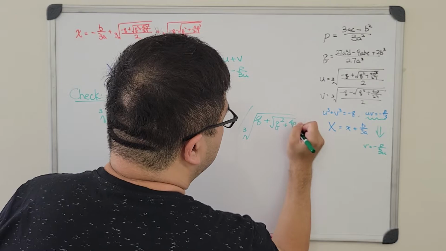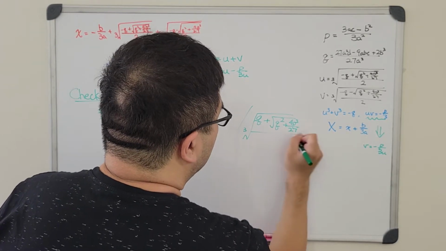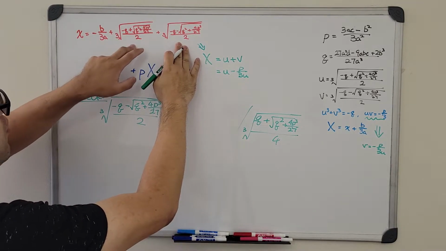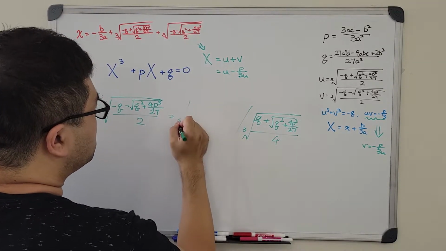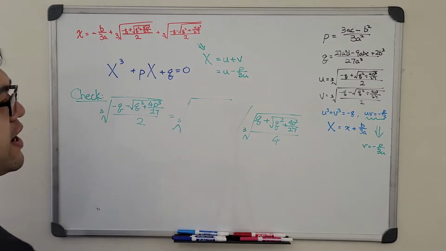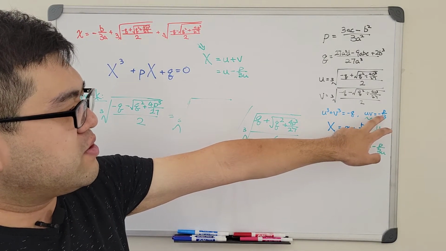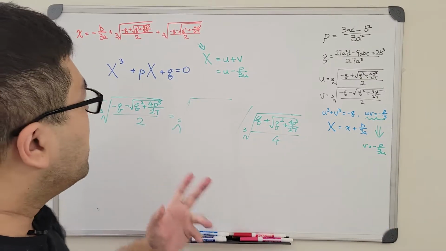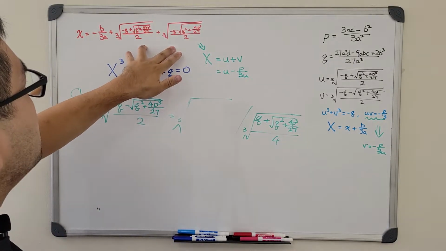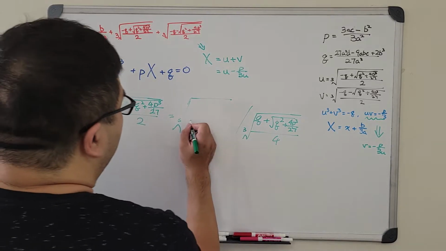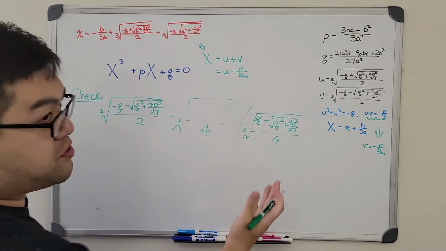Now let's see. So if we multiply the v with u, we now get uv. And we already know that uv is actually equal to negative p over 3. But let's double check it. If we take the products of the two fractions, we have 4 in the denominator, 2 squared.